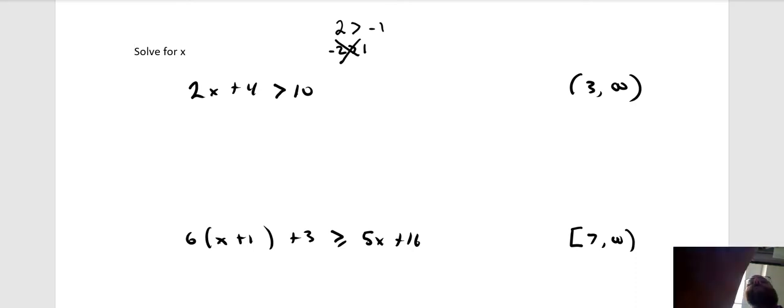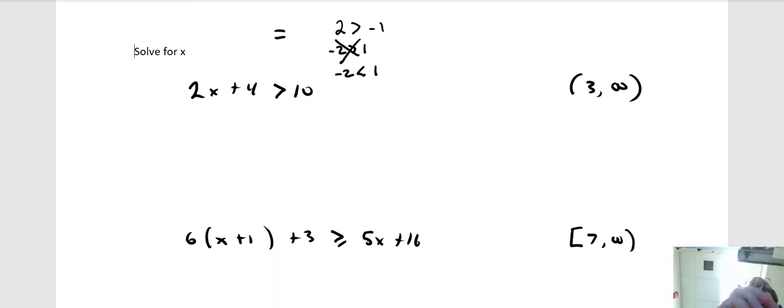But if I reverse the inequality direction, negative 2 less than 1, now we have a true statement. So basically, when you're solving these with inequalities, just pretend they're equal signs. However, keep in mind that anytime you multiply or divide by a negative number, you need to change the inequality direction.